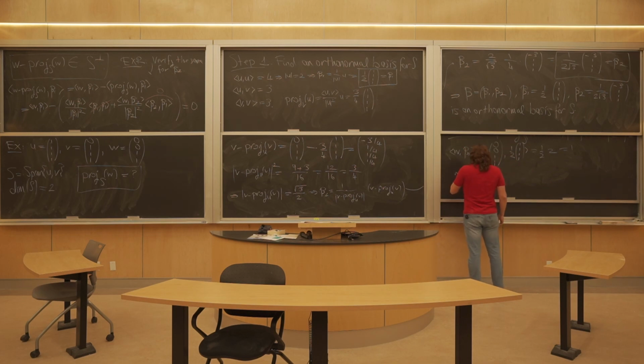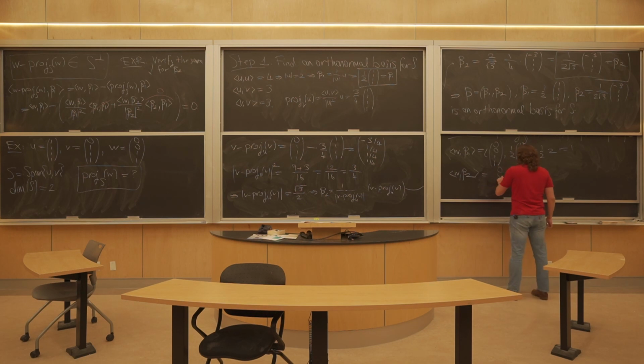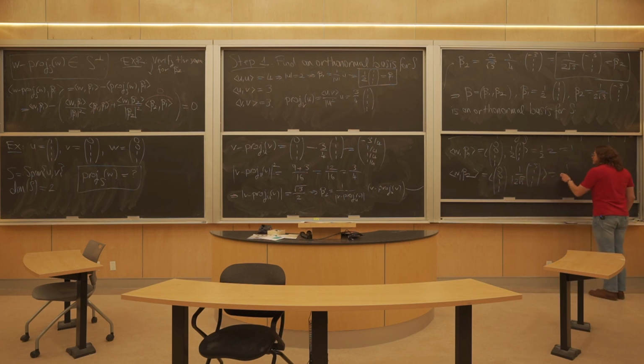And then W against beta 2 is going to be 0, 0, 1, 1 against that vector, 1 over 2 root 3 times minus 3, 1, 1, 1. Again, taking the constant out, I have 0, 0, 1, 2. So that's 1 over root 3.